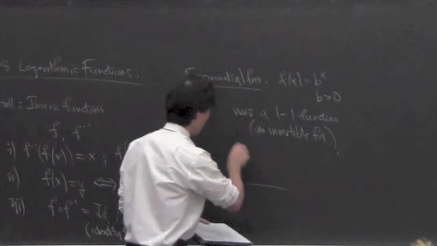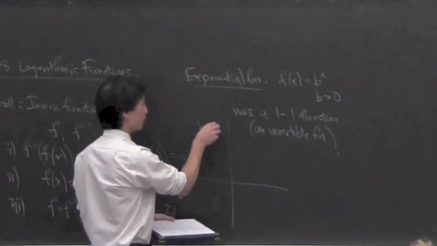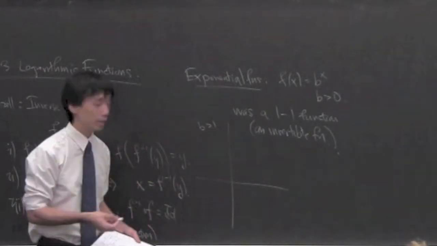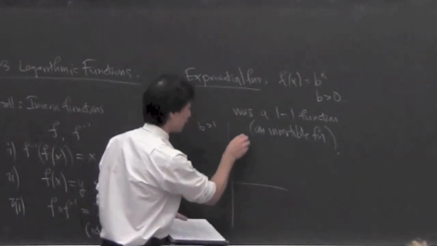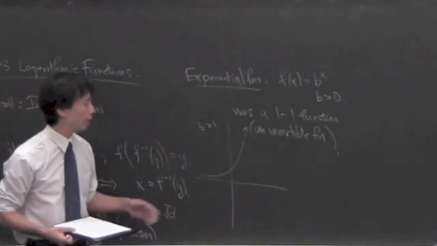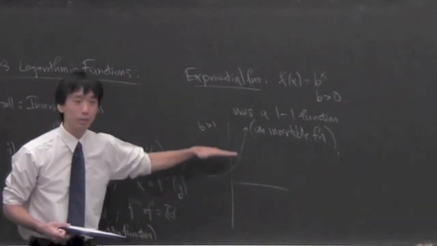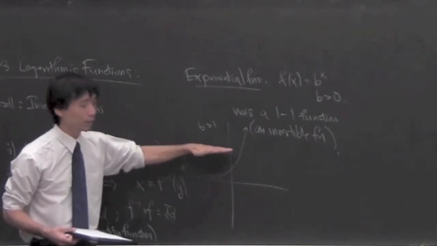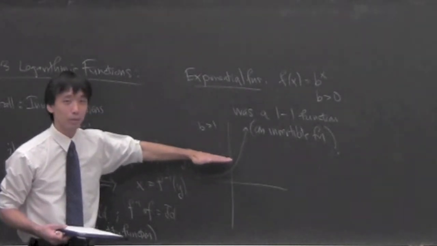You remember the graph? If b is bigger than 1, then it was an increasing graph, and being increasing, it passes the horizontal line test.